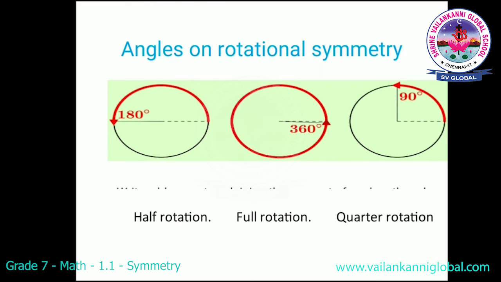When it is a quarter rotation, the angle covered is 90 degrees. So this is the angle of rotation. Full rotation is 360 degrees, half rotation is 180 degrees, and quarter rotation is 90 degrees. For every quarter you can add 90 degrees.